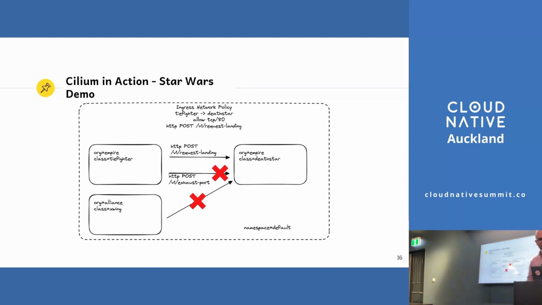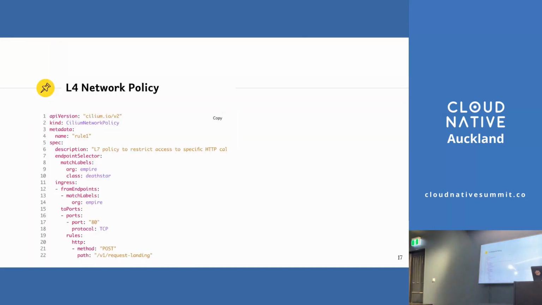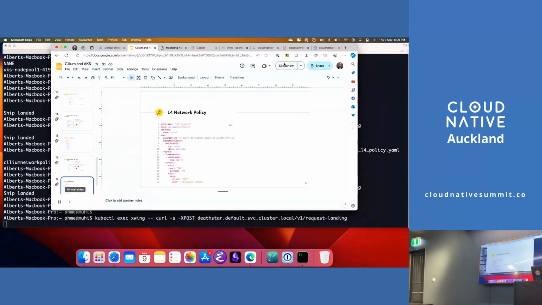So for that, we apply this policy, which is again a simple policy but with one addition: another rule saying a POST to this path is allowed, and anything else should be denied. So fingers crossed again that this should work.